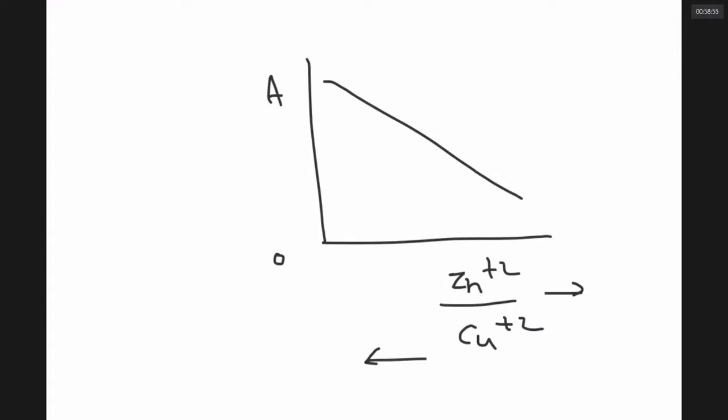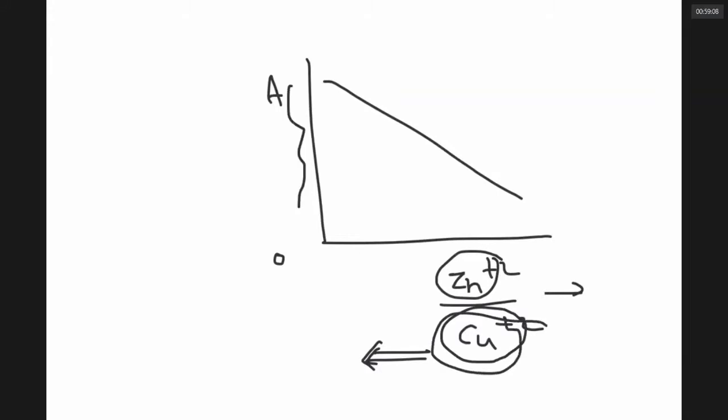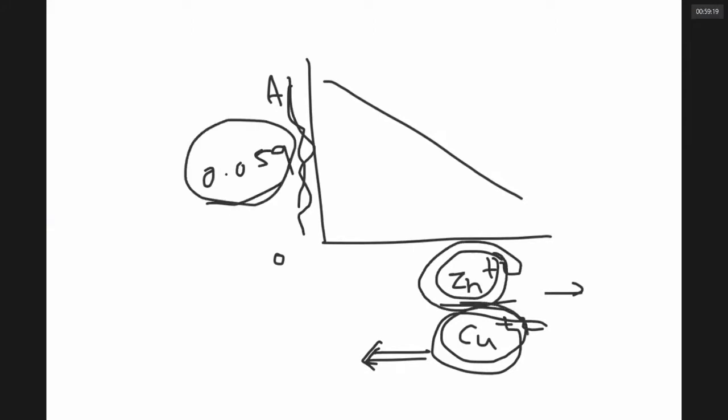Yes or no, sir? Now, what should be the ratio of Zn +2 by Cu +2 when the increase in voltage corresponds to 0.059? If the voltage is increasing by 0.059, the ratio between Zn +2 by Cu +2 should become 1 by 100. Yes or no, sir?